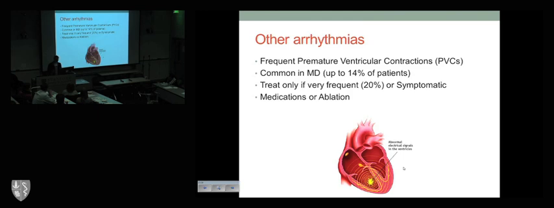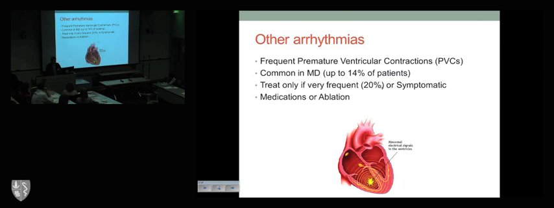And the vast majority of people in general will have a few of these. But there are a handful, and especially in DM, we see that a large number of patients with DM, about 14%, have more than just a few PVCs. Now, many folks just don't feel these, but there are a few who feel them very frequently, feel them as extra heartbeats or pounding heartbeats.